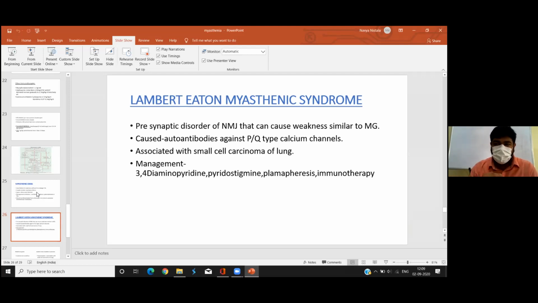And what other thing? CT scan and all you spoke about. For intracranial lesions, you look for any thymoma before operation.